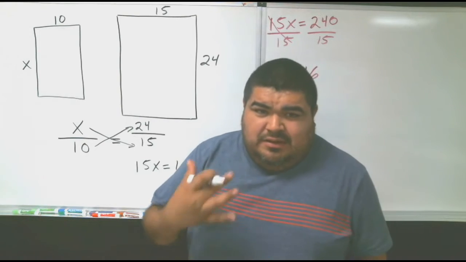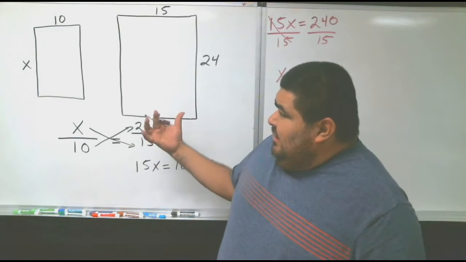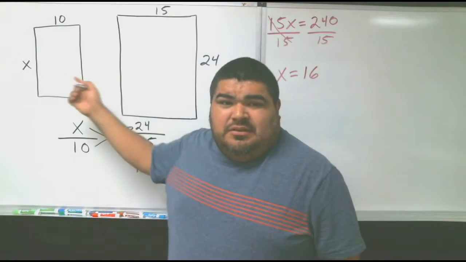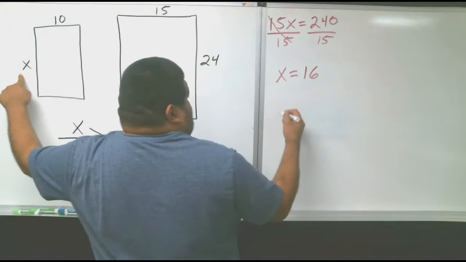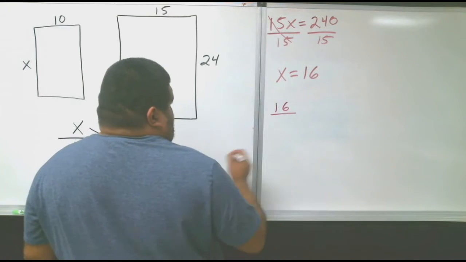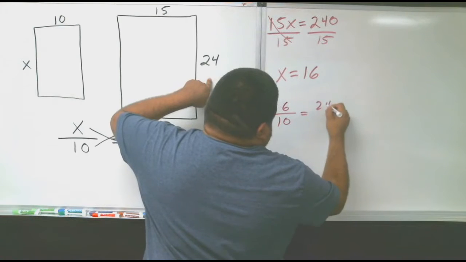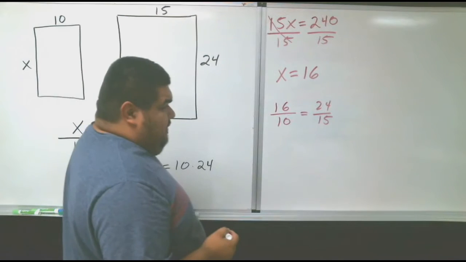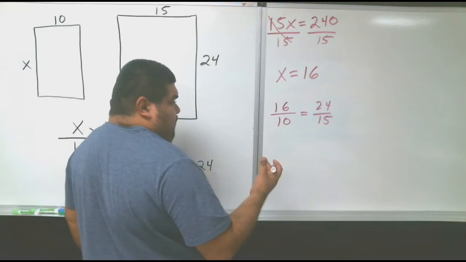Now that we found our answer, we can go back and see if these two are actually similar rectangles by saying we know that x is 16, so we can say 16 over 10 equals 24 over 15.